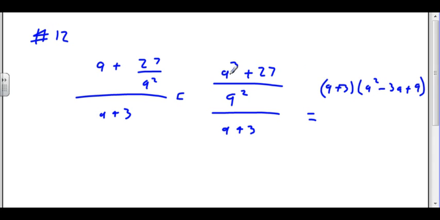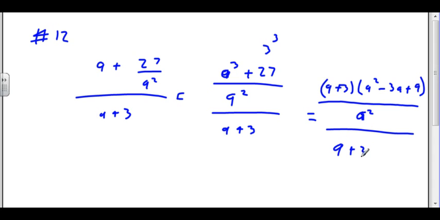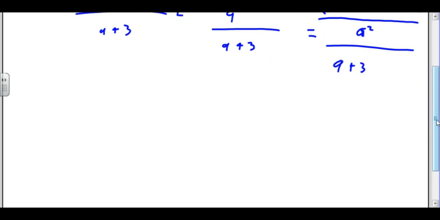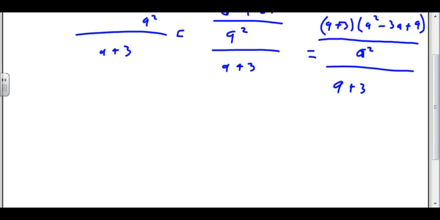So this is the sum of two cubes, a cubed plus 3 cubed. I recognize that, 3 cubed. Right? Divided by a squared, divided by a plus 3. Okay, so now I'm going to invert and multiply. Well, I'm not going to invert and multiply.